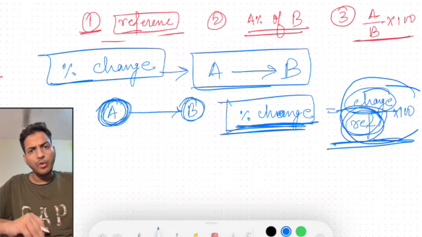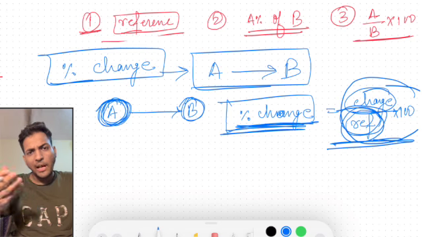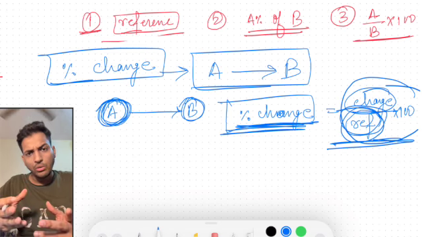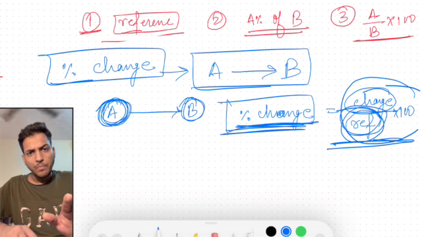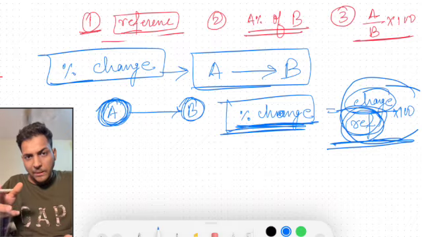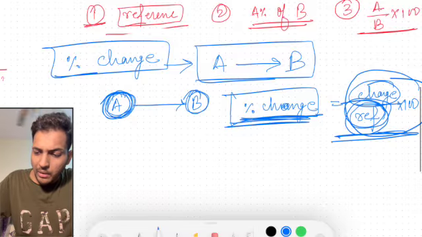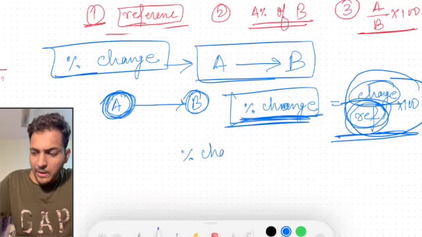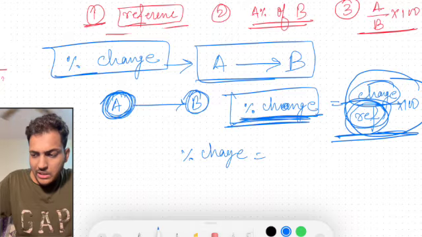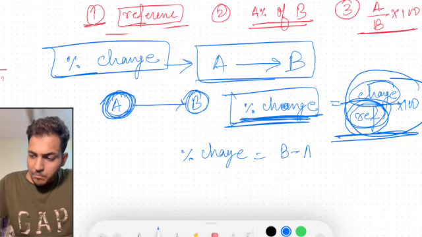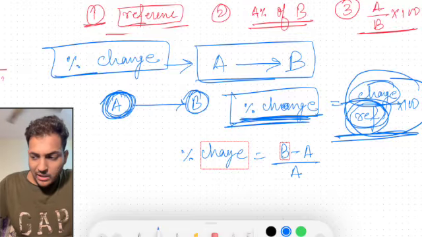Suppose you are trying to buy a phone and the price changes by 10%, how will you know how much the price is? You will take the initial price as the reference and apply the 10% change on that. So from A to B, the percentage change is equal to B minus A, final minus initial, by initial into 100.